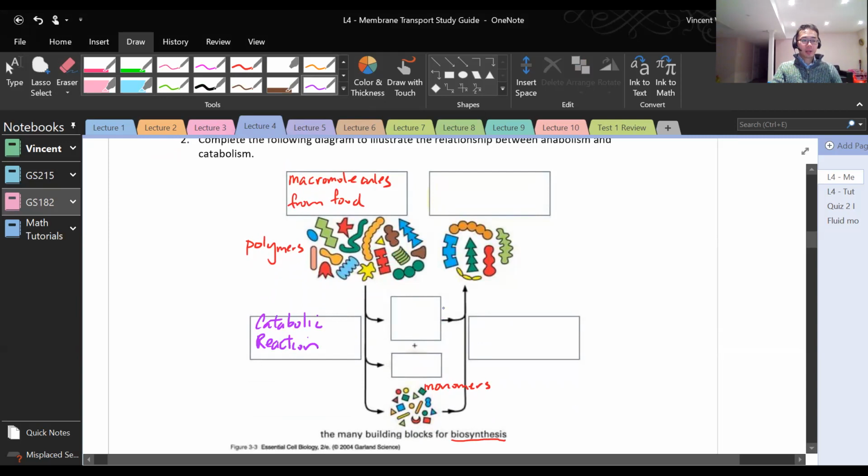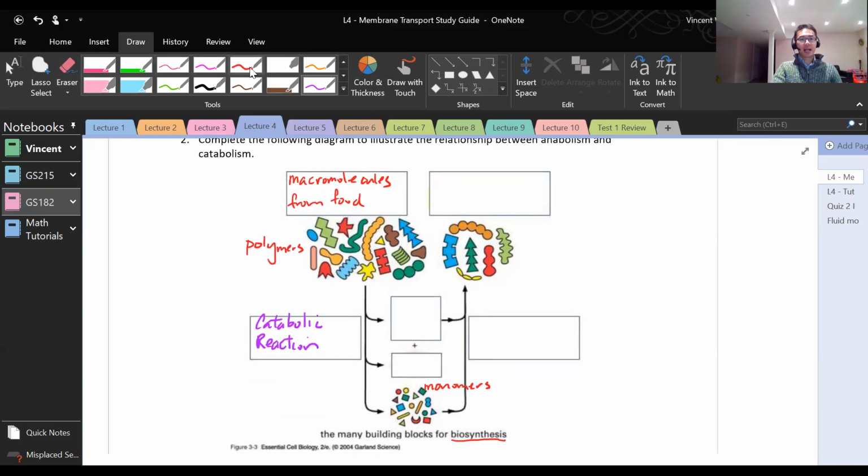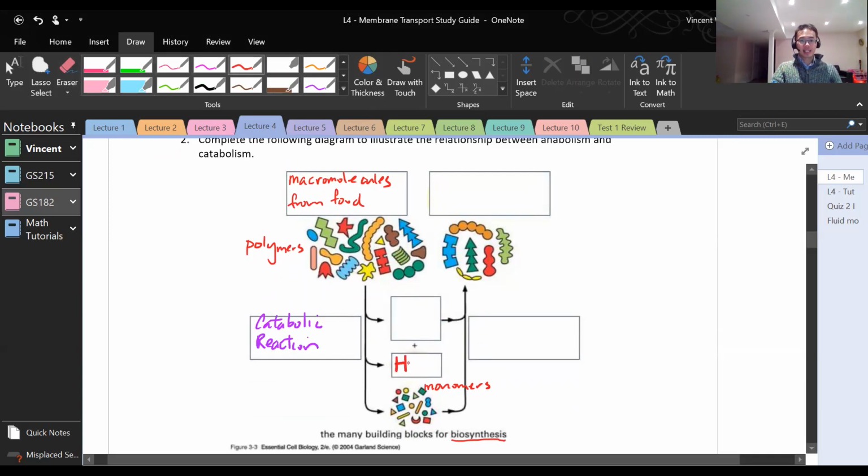And breaking things actually releases heat. We are not very efficient as an organism. A lot of the energy we use to break things down and to build things is wasted as heat, so it generates quite an amount of heat.